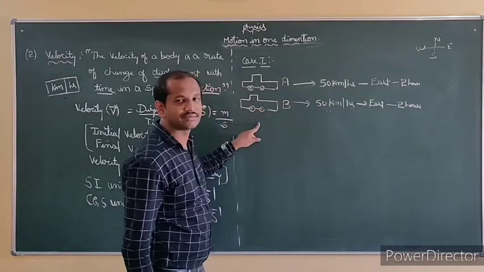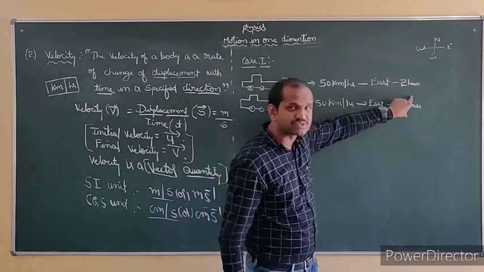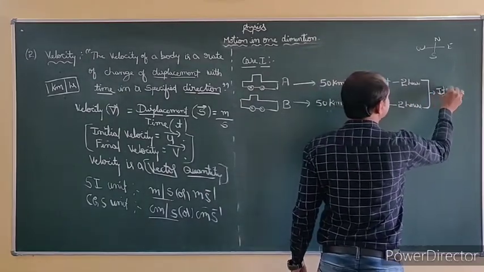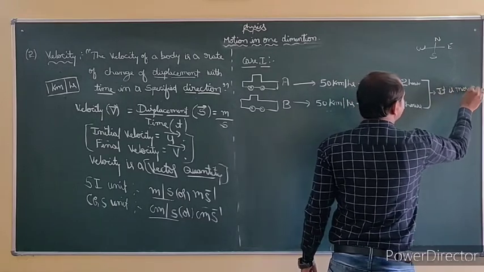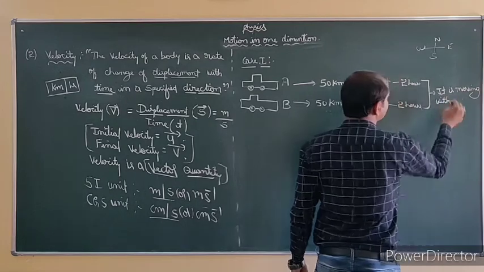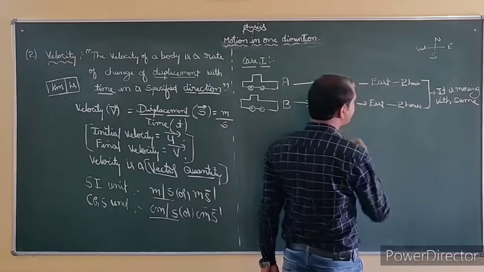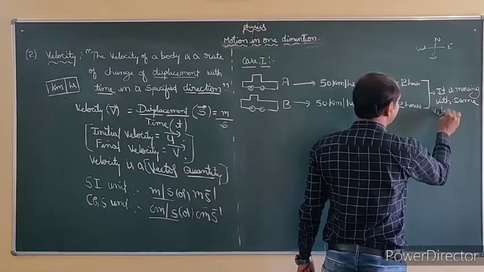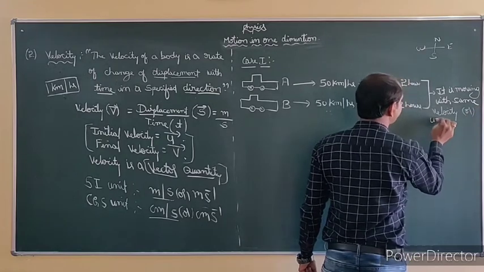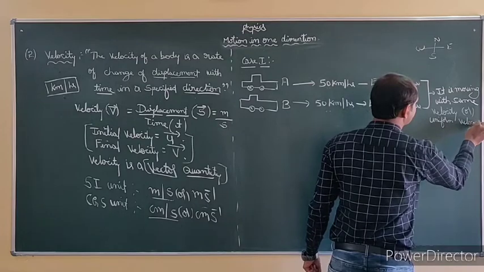When a body moves with the same magnitude and same direction, then we consider it to be moving with the same velocity. Both cars A and B are moving with the same velocity, also called uniform velocity.